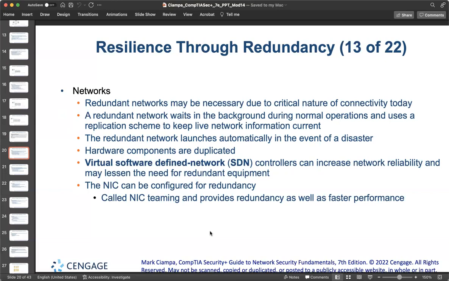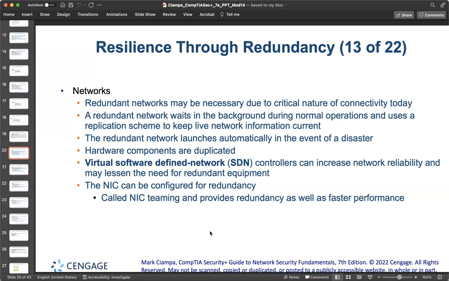Redundant networks may be necessary due to the critical nature of connectivity. Again, think about that energy distribution center in the utility company as an example. The network that dispatches the energy is so critical that they cannot afford for that network to fail, right?